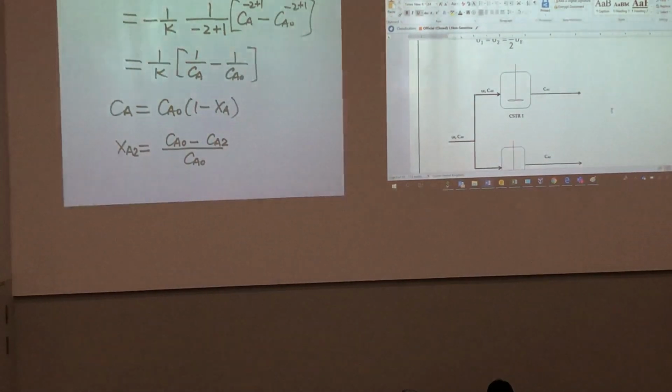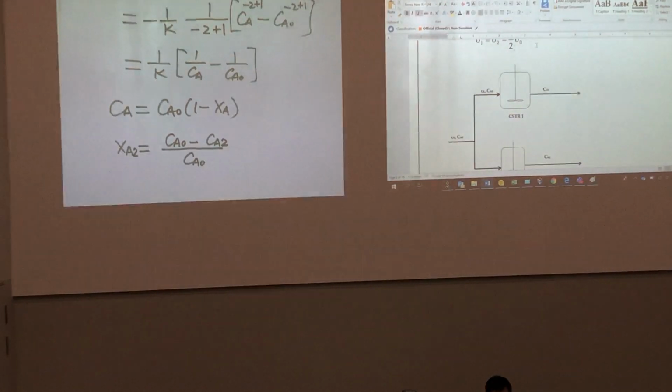This is the only point. Then for the two reactors, whether the volume is the same, different or cut half, you need to read the question carefully. Just like your tutorial question, the two reactors are cut half. So you just change the volume accordingly.